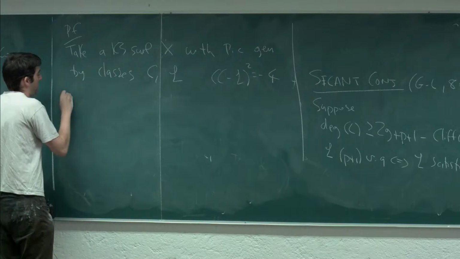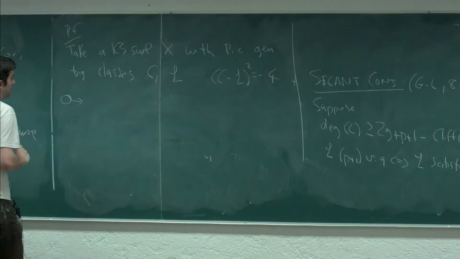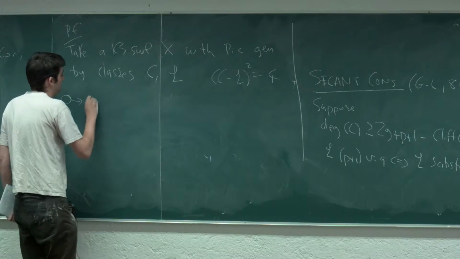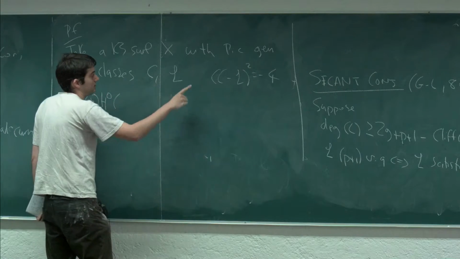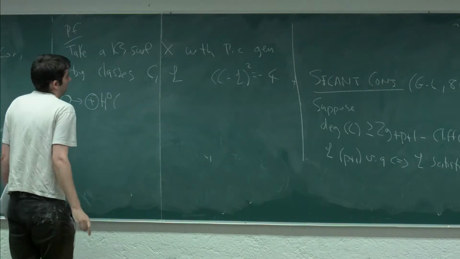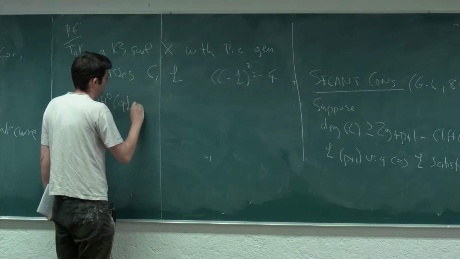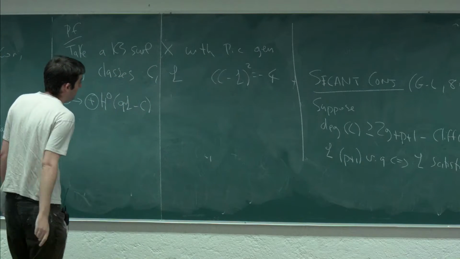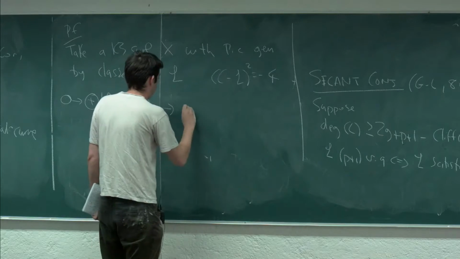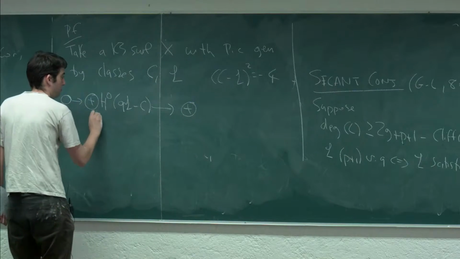And then one gets at this result by considering the following standard exact sequence, and using this assumption, this will in fact be a short exact sequence. So it's qL minus C. So this should be a short exact sequence on the K3 surface X, for all q.